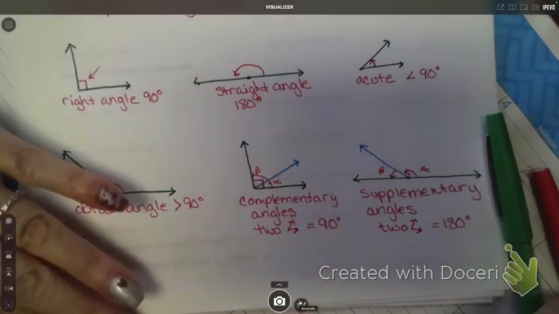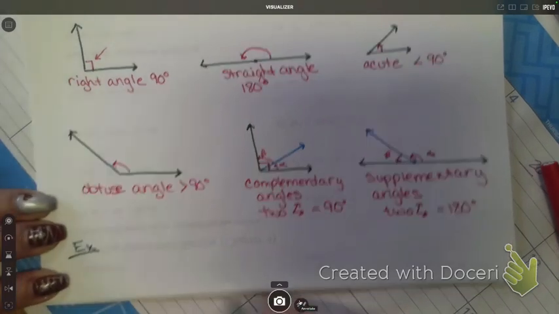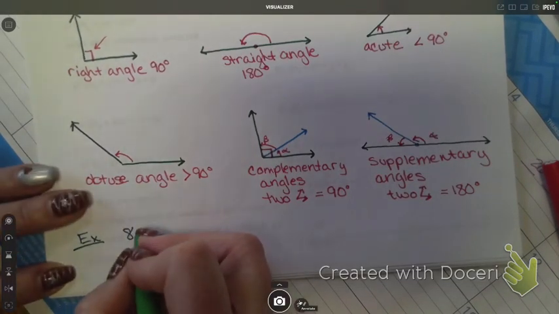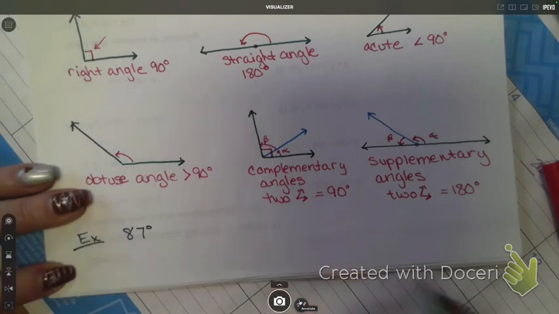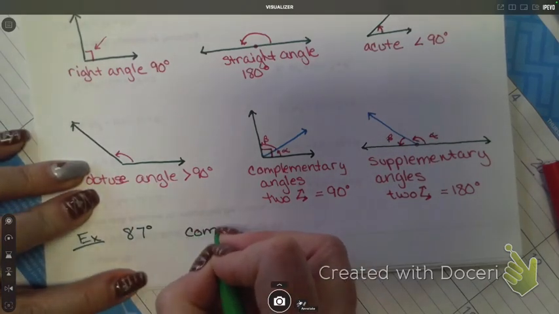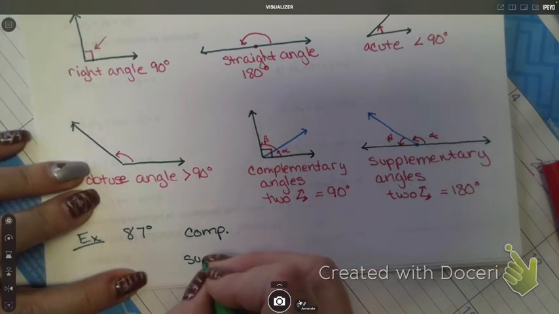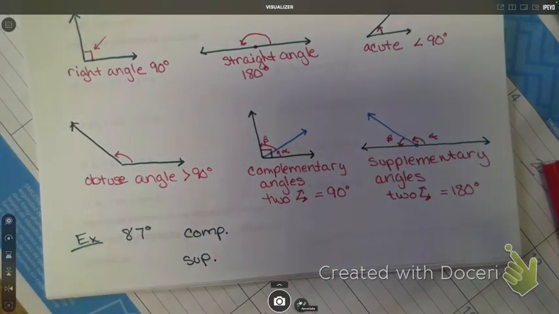Okay, so if I gave you an angle, 87, and I wanted the complementary and the supplementary, how would you find them?